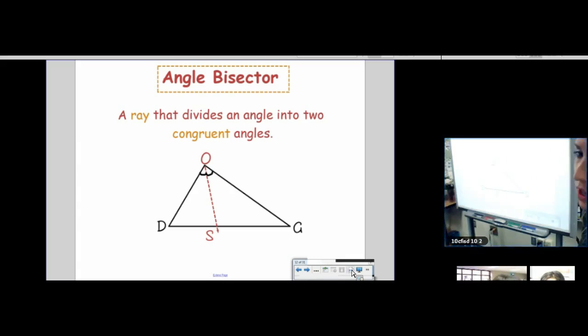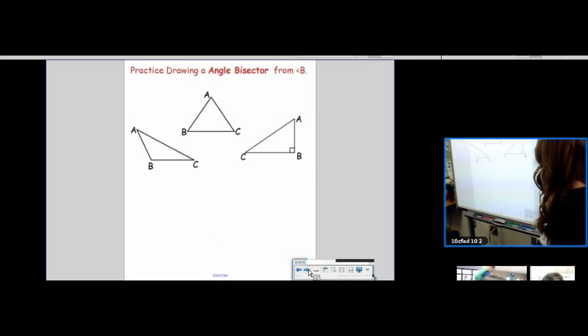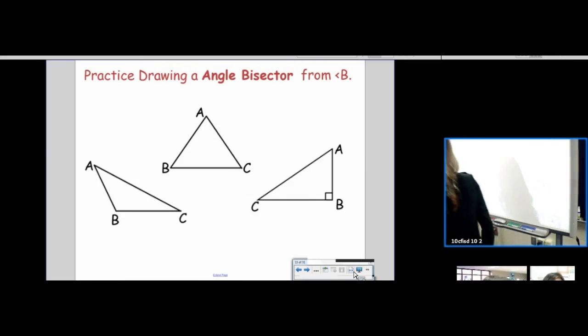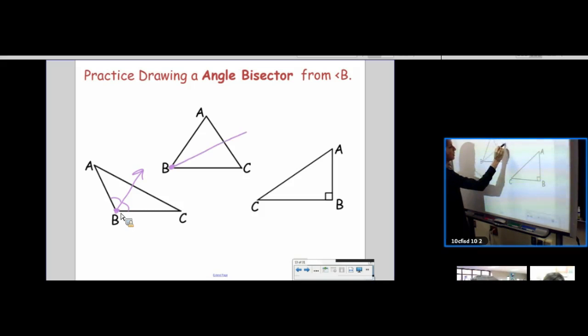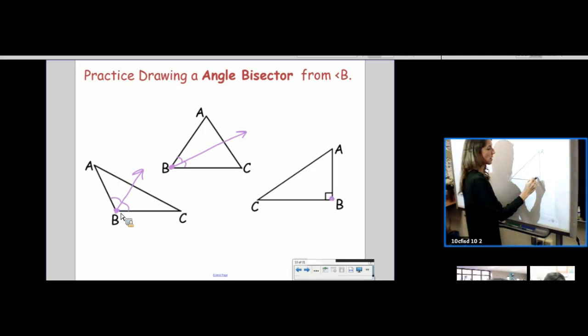And that's pretty much all I have to say about that. Okay, so let's see what that would look like in each one of these. So in my obtuse triangle, I would start at angle B because the directions tell me to, and I would bisect that angle. In this one, I would start at angle B and bisect the angle. And then this one, start at angle B and bisect the angle.